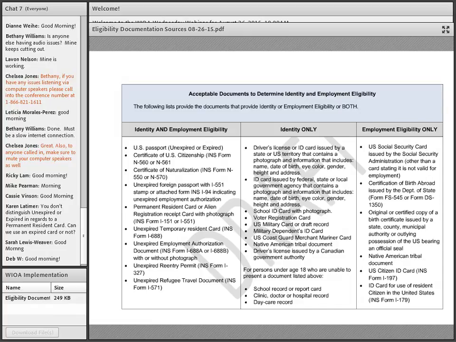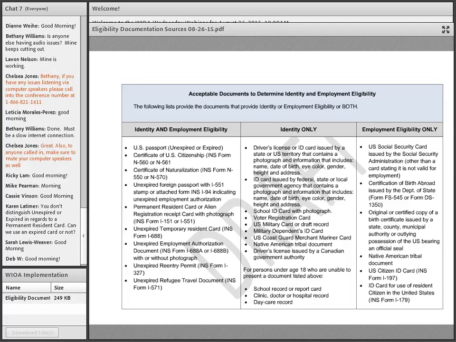However, just because a customer walks in the door with a birth certificate does not prove the person handing you that birth certificate is that individual. So we want to make sure that we are identifying that the individual is who they say they are. And that's why we've added this chart or table to this document, so that you know what other sources you might need to utilize to ensure the identity and or employment eligibility.